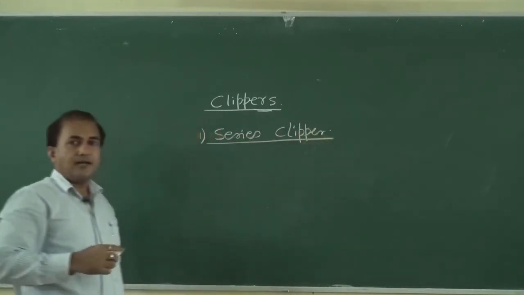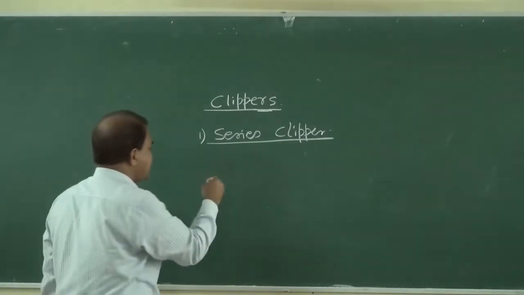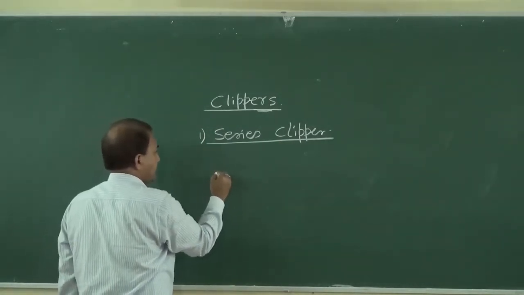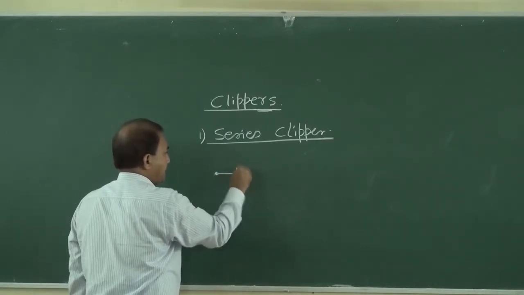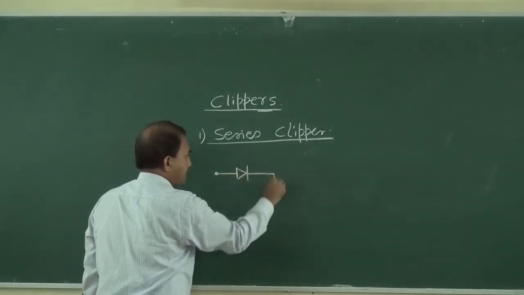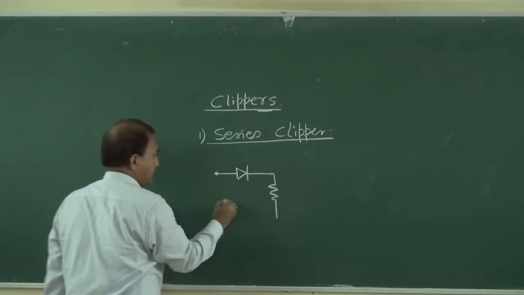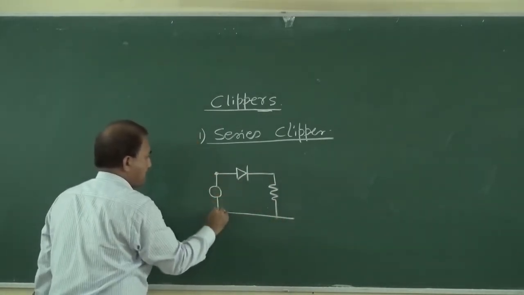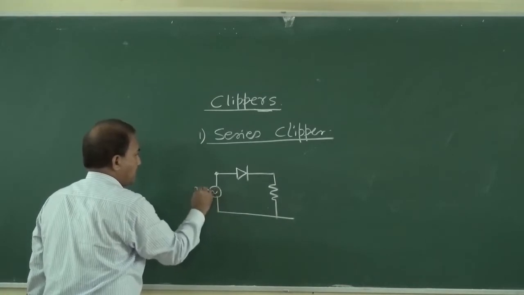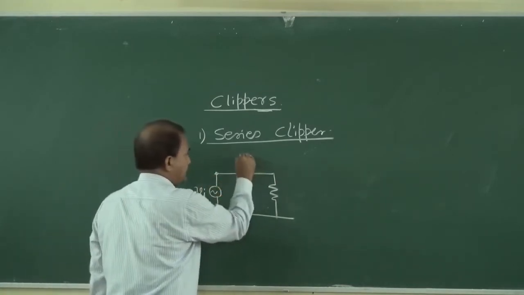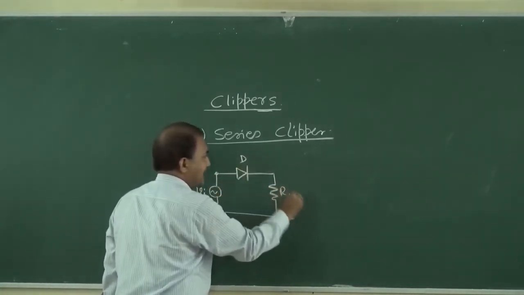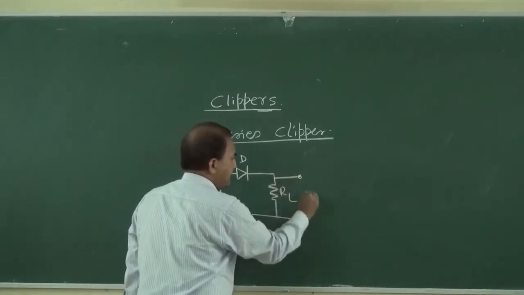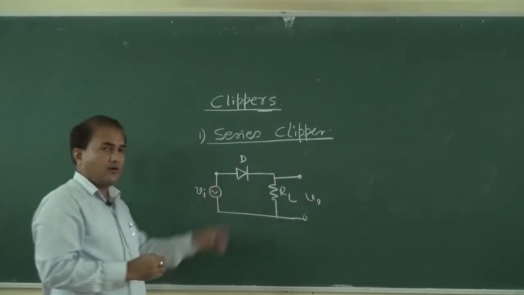In a series clipper, what is the circuit? We will see the circuit. This is the diode and this is RL, and the voltage is appearing across the load.